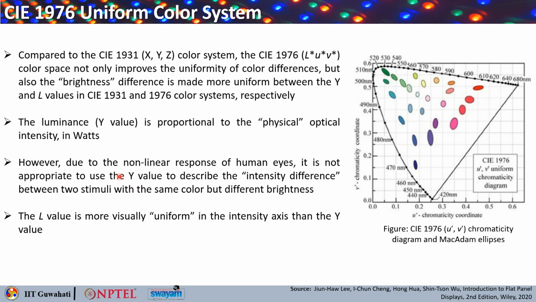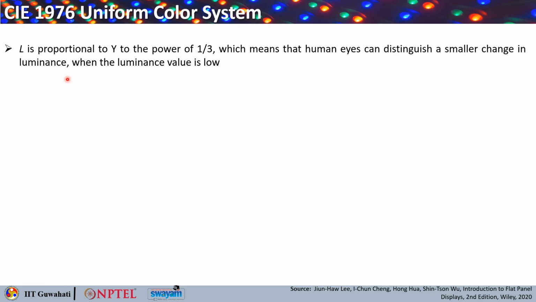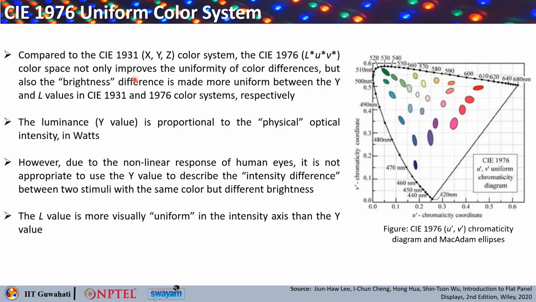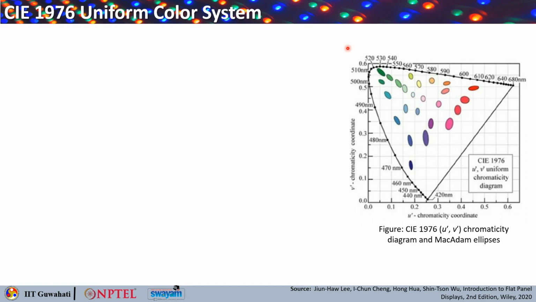In that case, you will see that the L value used in the 1976 color system is found to be more visually uniform on the intensity axis compared to the Y values. So what we understood is that L is proportional to Y to the power of 1 by 3, as you have seen in the transformation.